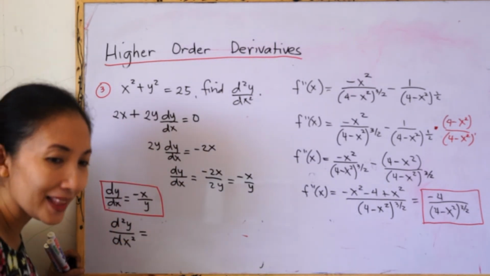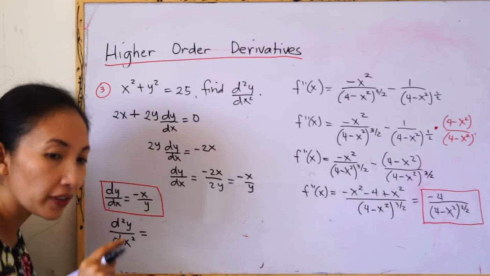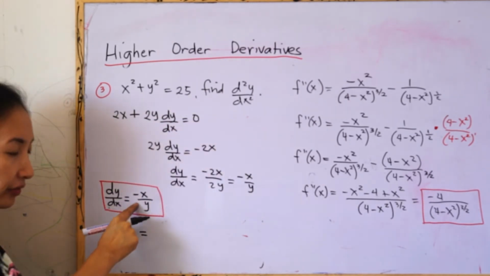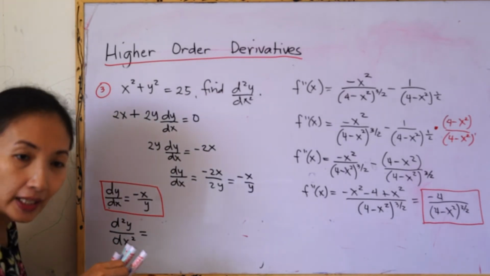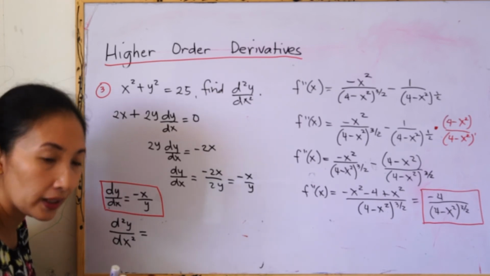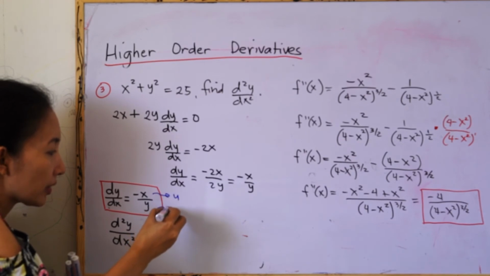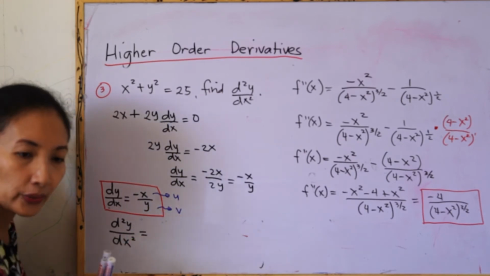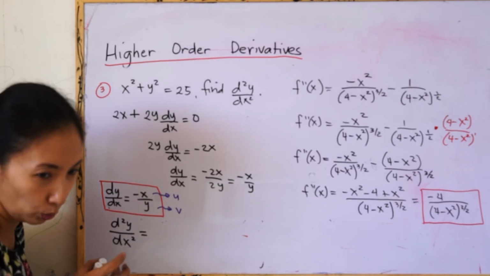What form does it take? Negative x over y. Obviously, the right side takes the form u over v. This is your u and this is your v. Therefore, we have to apply the quotient rule.